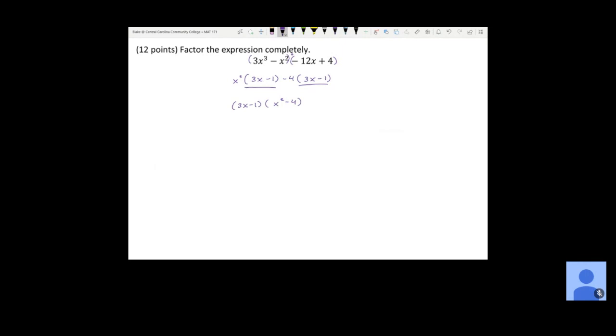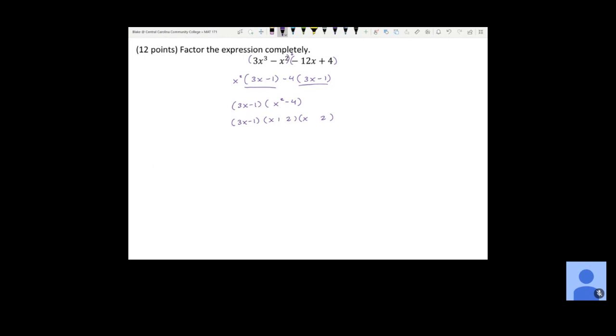Okay. Now, can we factor this any further? Yes, right? Because in this case, x squared minus 4 is a difference of squares. So how are we going to factor the x squared minus 4? X plus 2 and x minus 2. Good, right? Because we need an x and an x to give us the x squared. We need a 2 and a 2 to give us the 4.